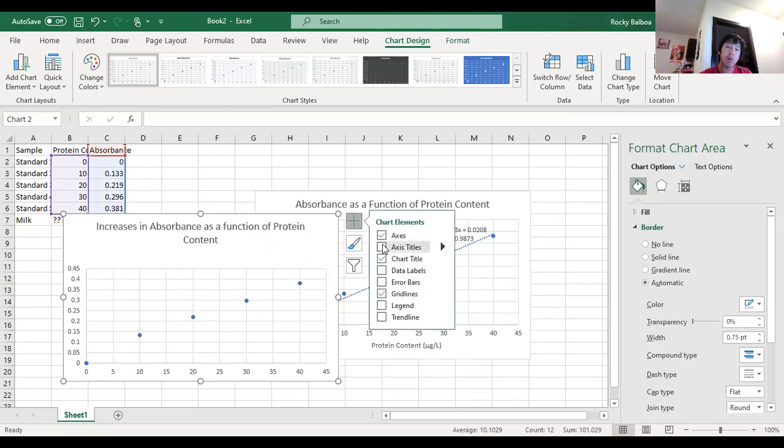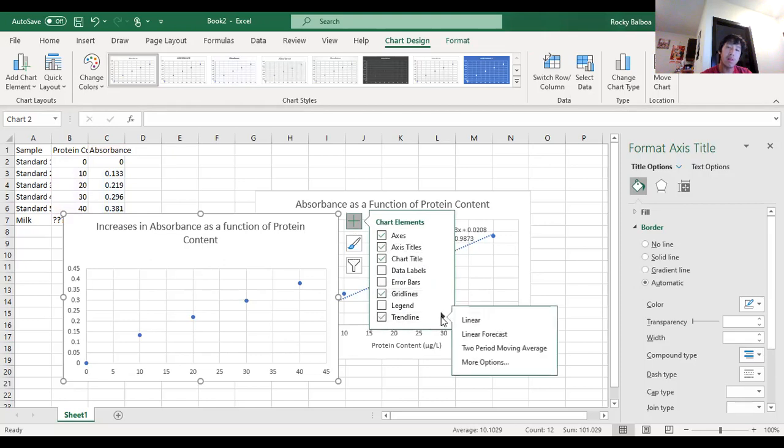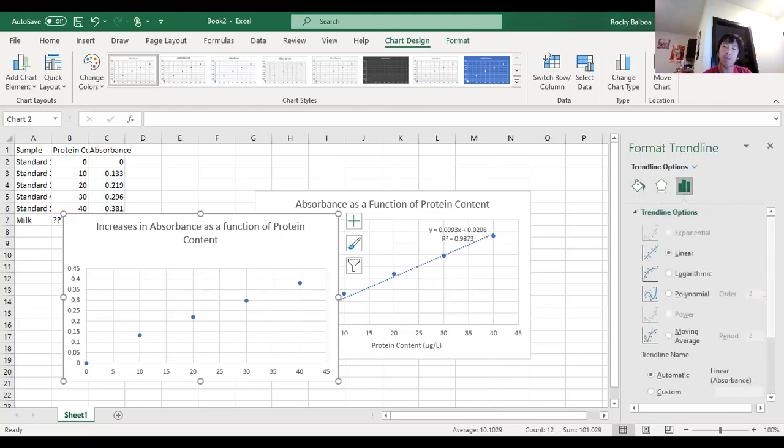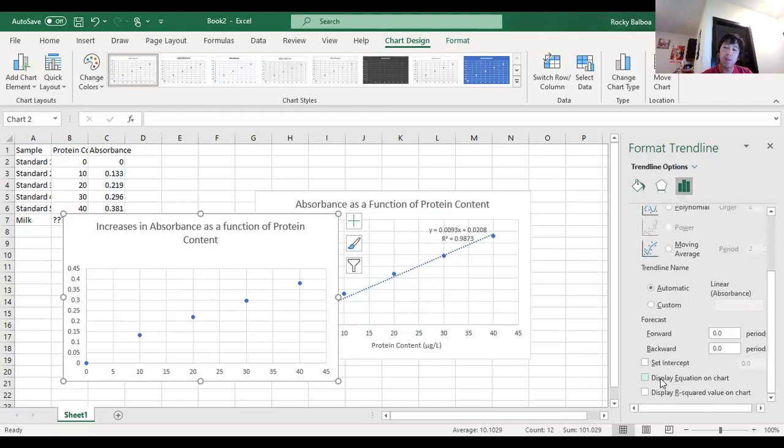So here we want axis titles and we want a trend line. Over here to the trend line, click on more options, go to this little bar thing, display the equation, the R squared value.